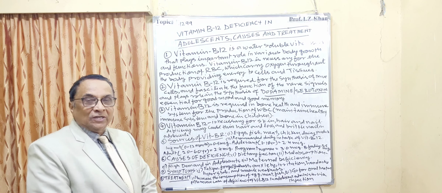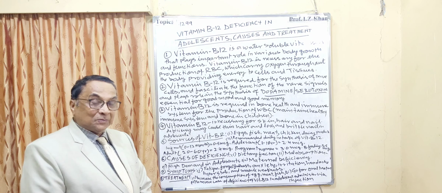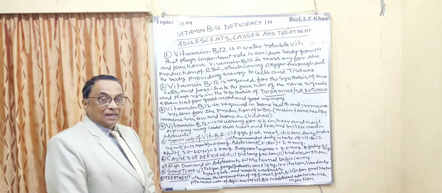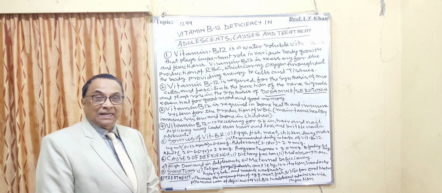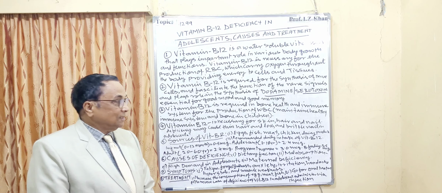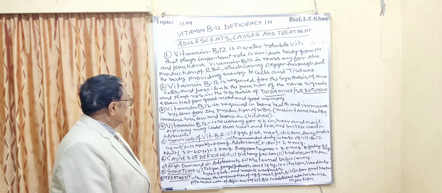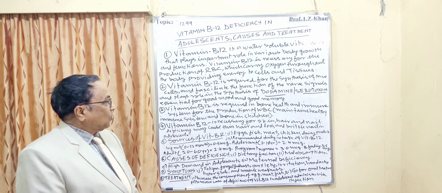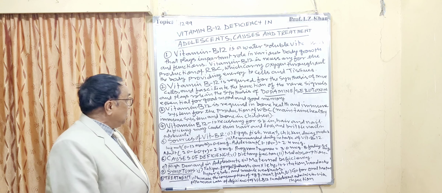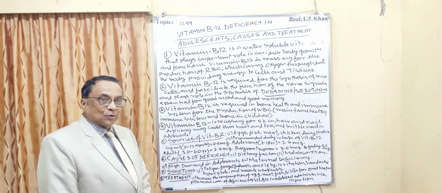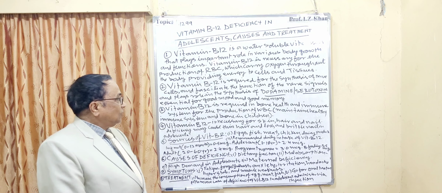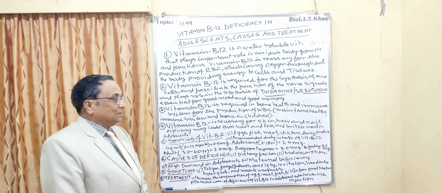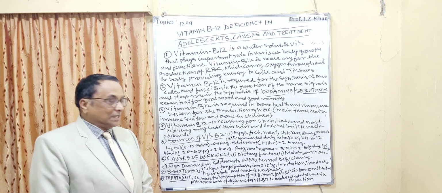And these two neurochemicals are responsible for maintaining good mood, happiness, and controlling depression and anxiety in adolescent children. Number three, vitamin B12 is required for bone health and the immune system, for the production of WBC, that is called white blood cells, maintaining a healthy immune system and bone in children and adolescents.